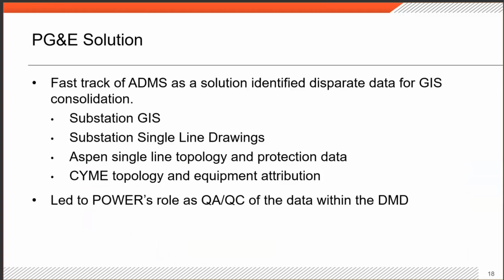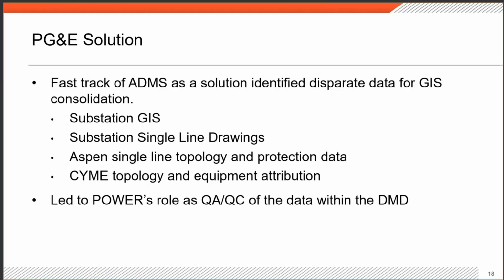Because PG&E had a fast track to implement this ADMS and manage these PSPS incidents, it exposed a myriad of duplicate data, and it couldn't all be consolidated before the go-live requirements of the ADMS. So a phased approach will be used later to determine the single source of truth and proper integrations for things like substation GIS and substation single line drawings.